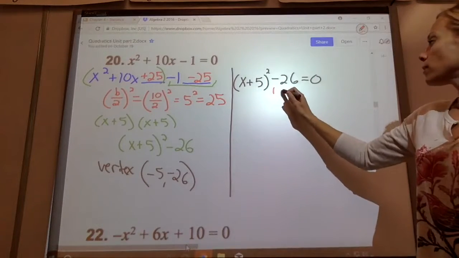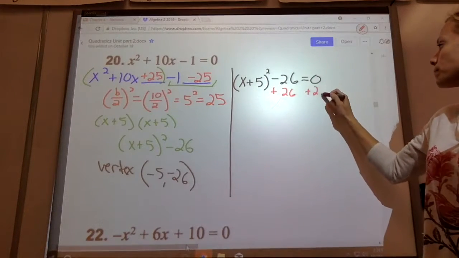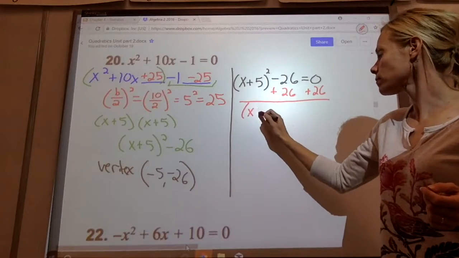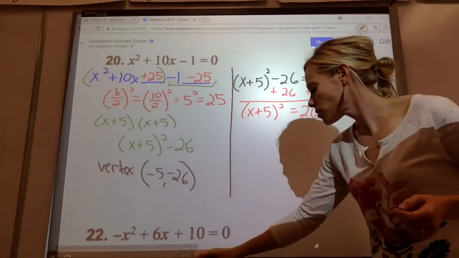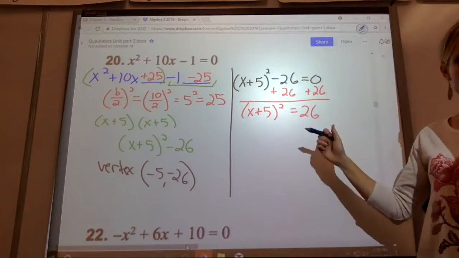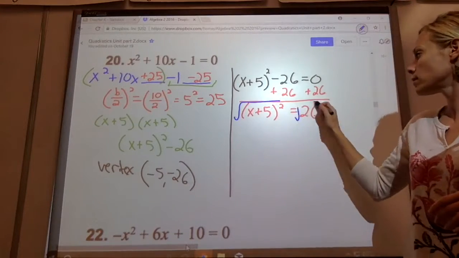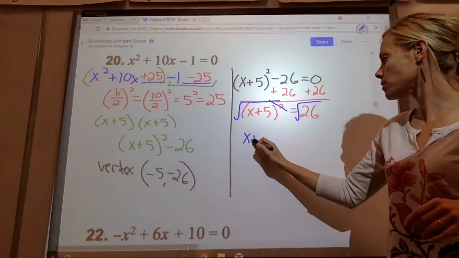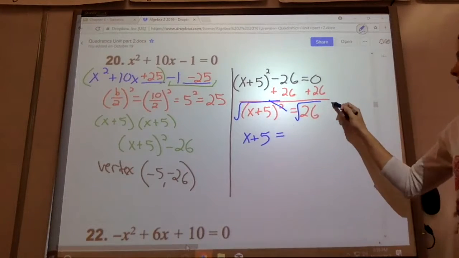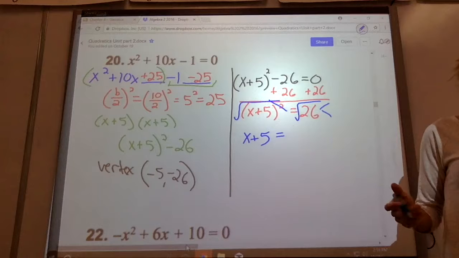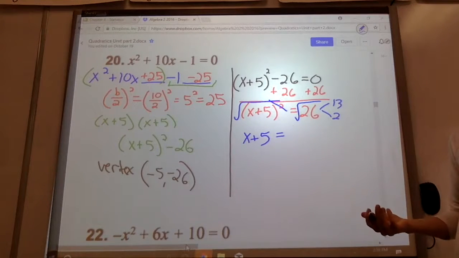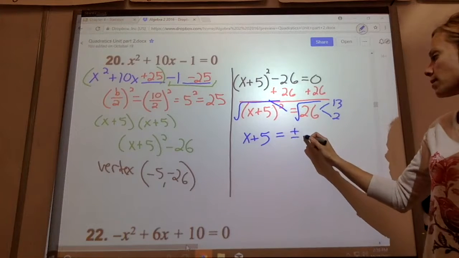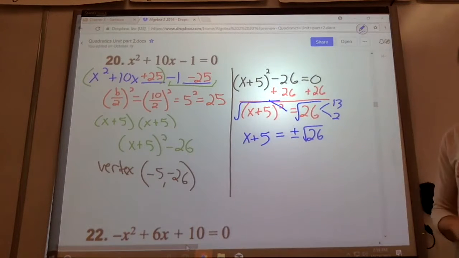So let's see, add 26. Get rid of the squared, so I need to square root both sides. So I get x plus 5 equals, now 26, does that radical reduce down? No, 2 and 13, there's not 2 of anything, so it just stays, plus or minus the square root of 26.